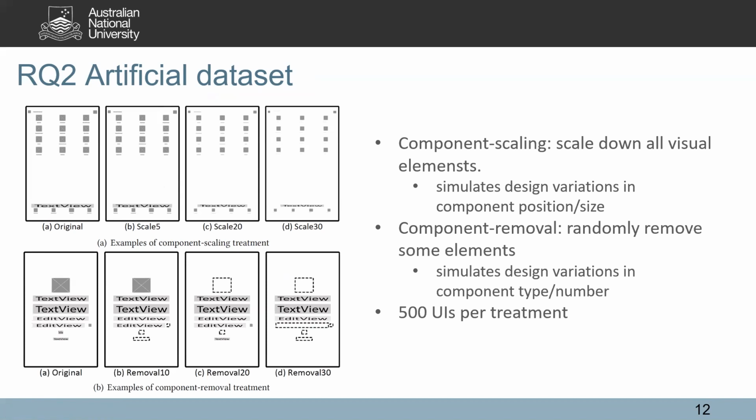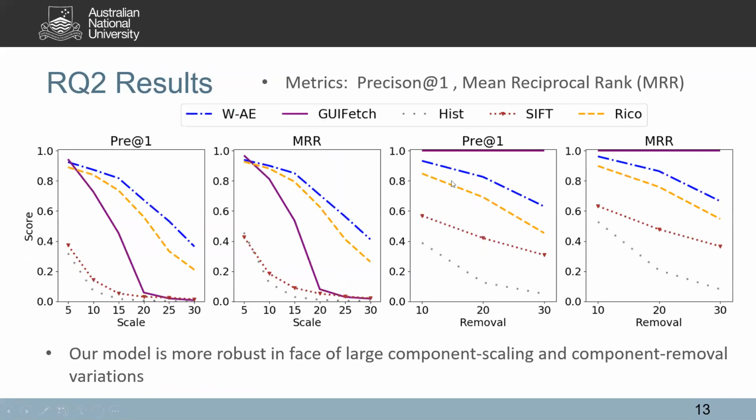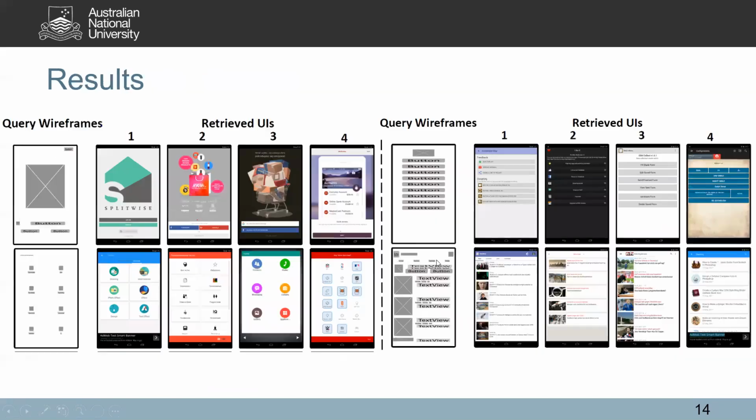It randomly removes some elements in the user interface. It simulates design variations in component types and number. Here are the results of our model and other baselines. As we can see, our model performs the best among all treatments, and our model is more robust in the face of large component scaling and component removal variations.